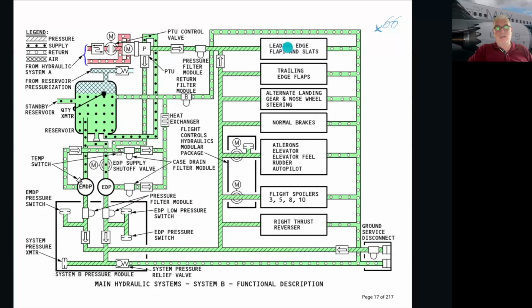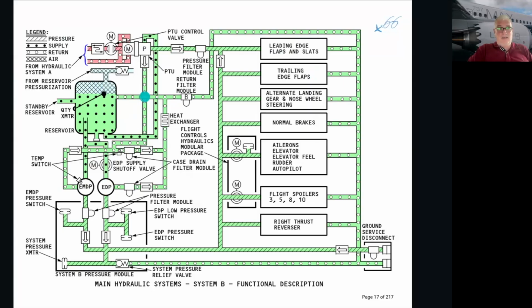Okay, because see it goes down to here and then there's a check valve here, it doesn't allow it to go to the other systems, only to the leading edge flaps and slats that are really required in an emergency. Okay, the rest we already saw, the different colors.